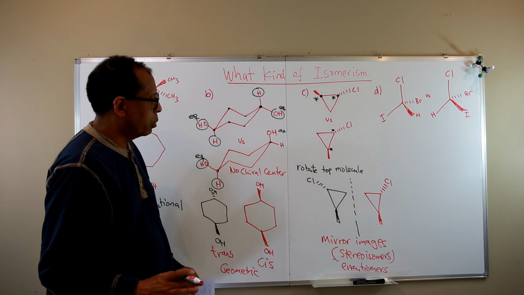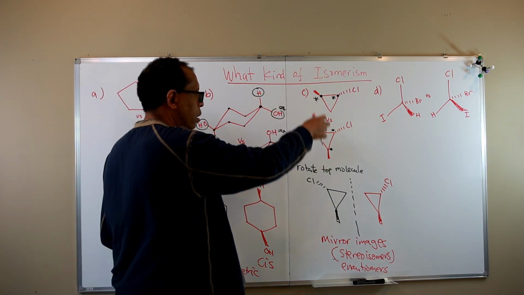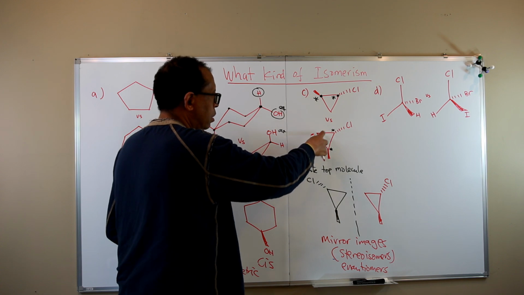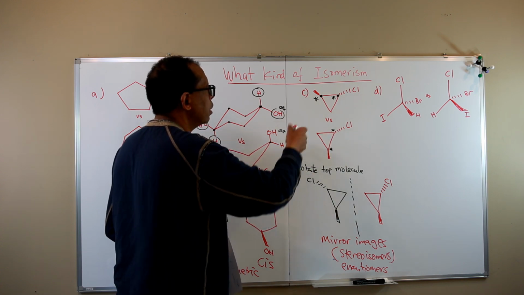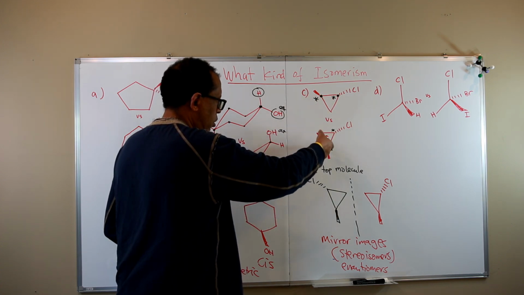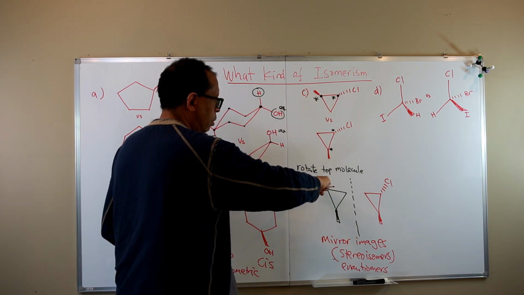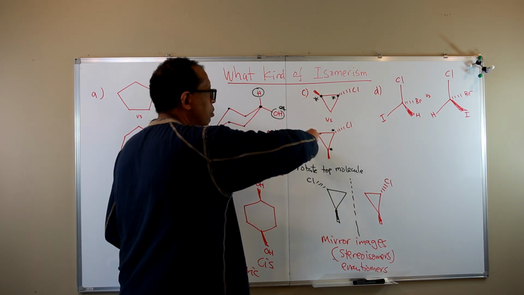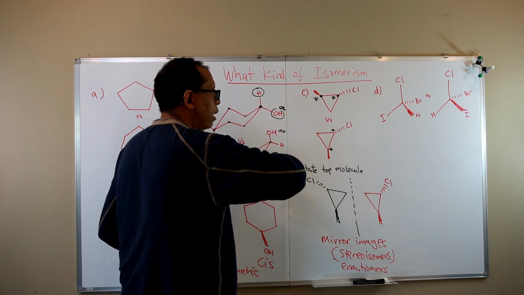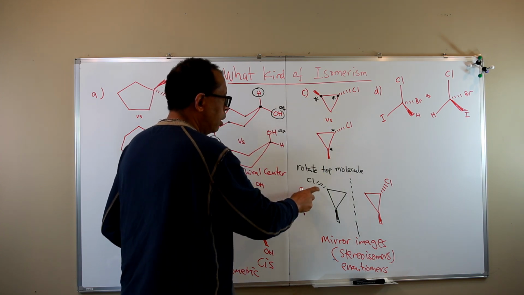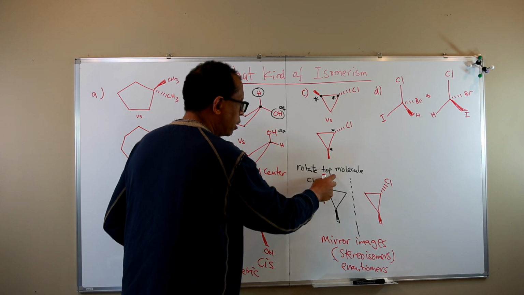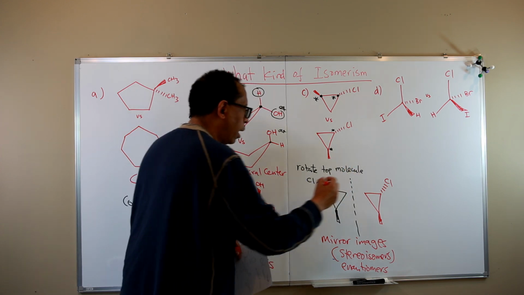So remember what we have done. We didn't do anything. We just identified the stereogenic centers. So what I did is just rotate the top molecule. So when you rotate it to the left, like this, you will end up with this.